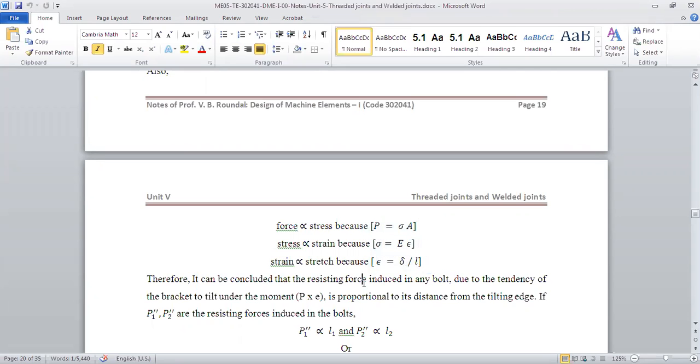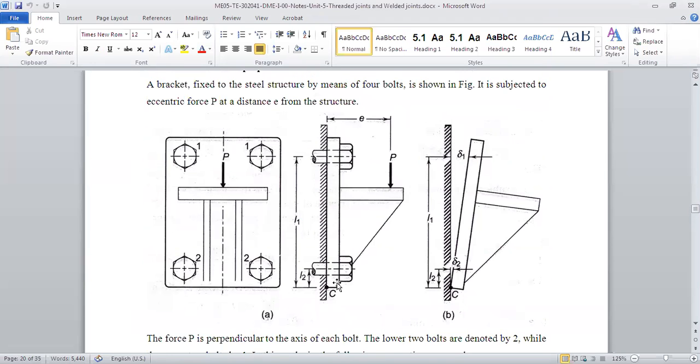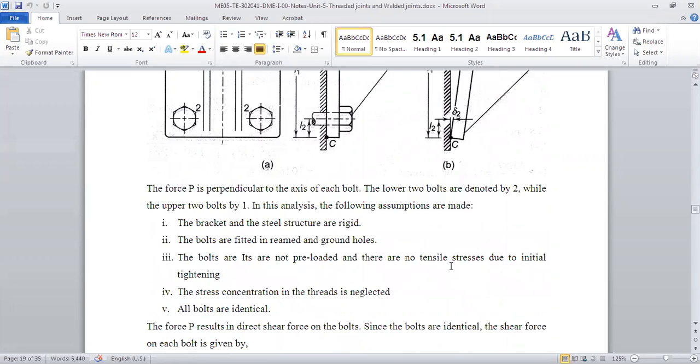So all the forces in each bolt will be directly proportional to the distance from this point C. First, delta is proportional to L1. Since strain is proportional to delta 1, sigma is proportional to strain, and P is proportional to sigma, that's why the tensile force in each bolt is proportional to distance from point C.